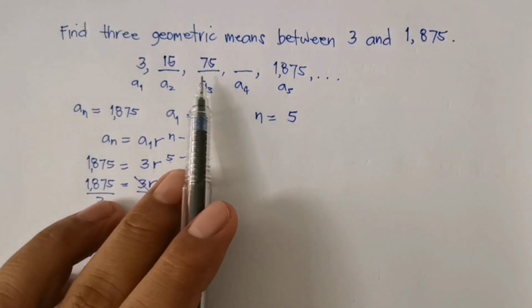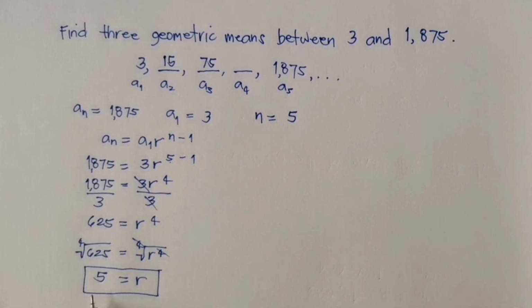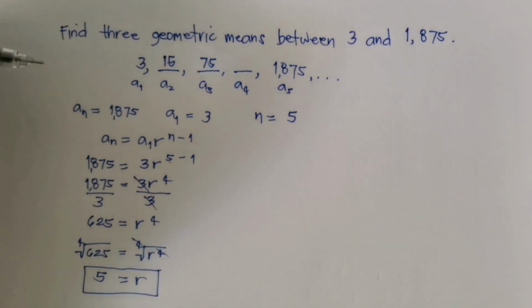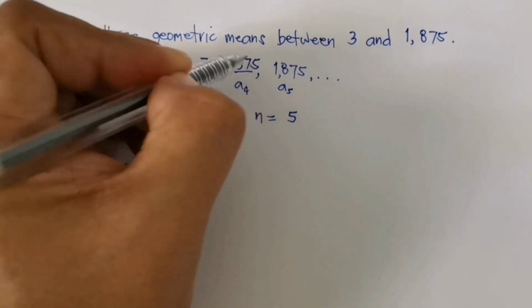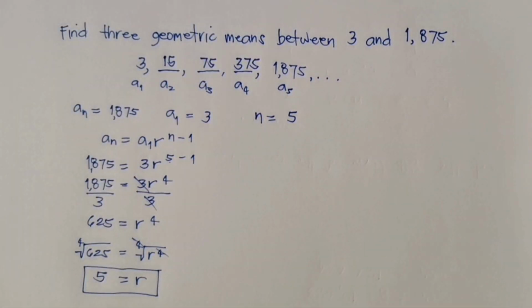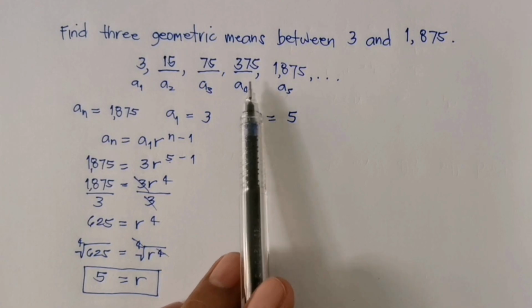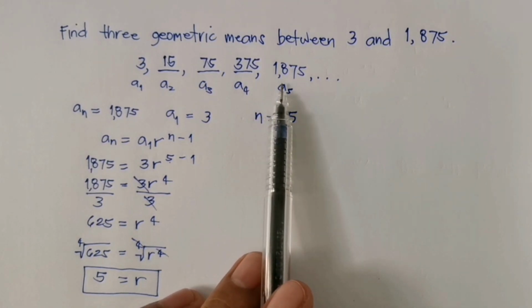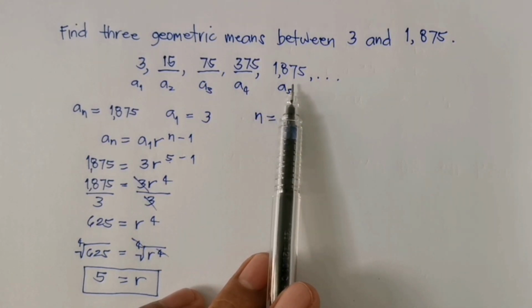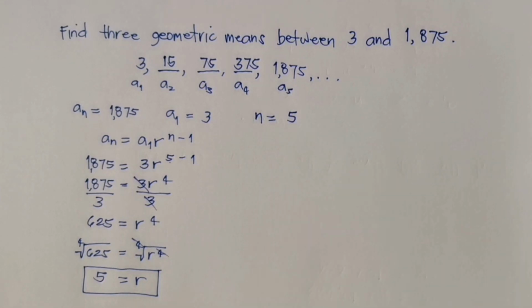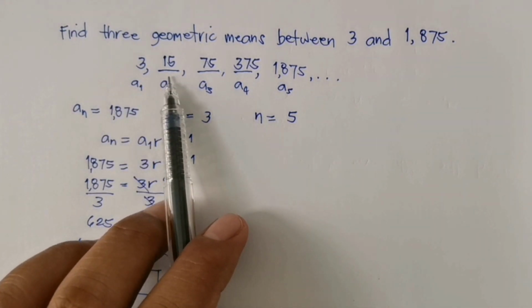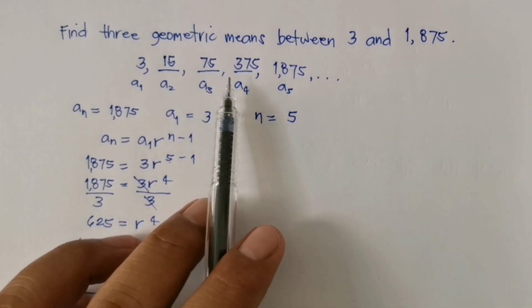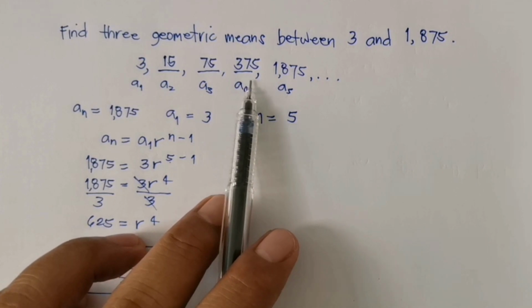And 75 times 5, that is 375. And 375 times 5 is 1,875. So the three geometric means between 3 and 1,875 are 15, 75, and 375.